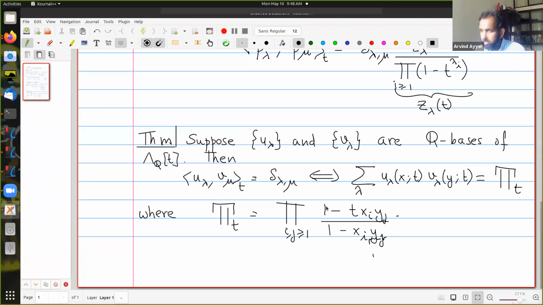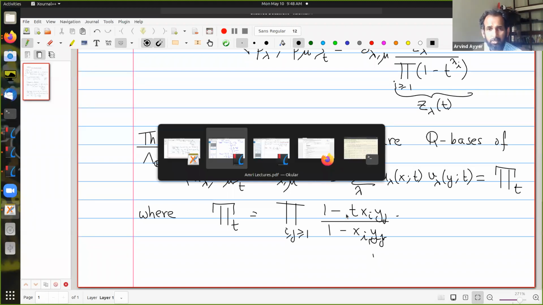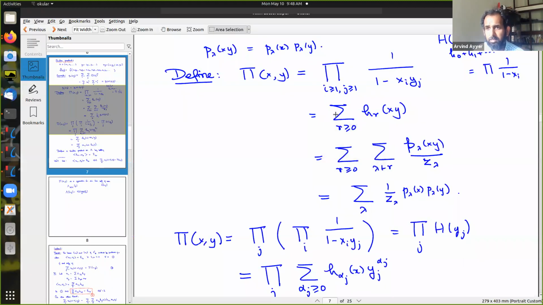So when you set t equals 0, the numerator becomes 1 and you get this.